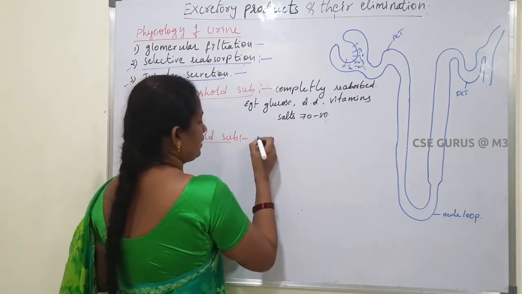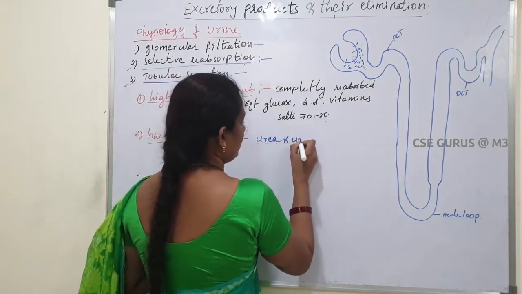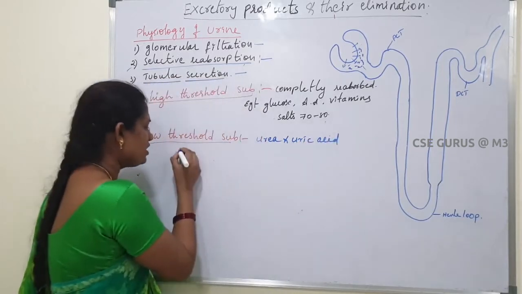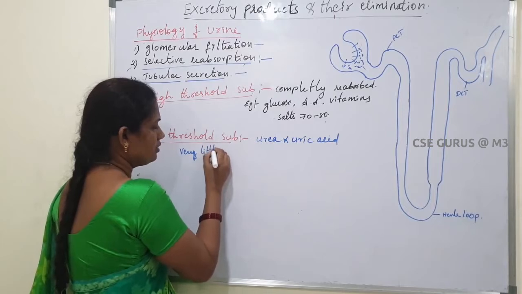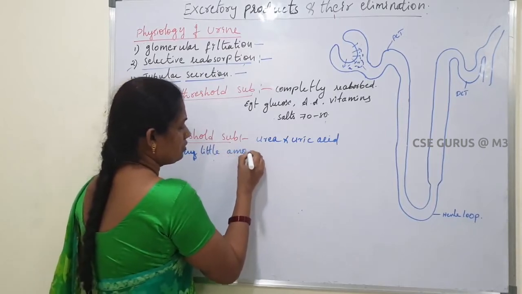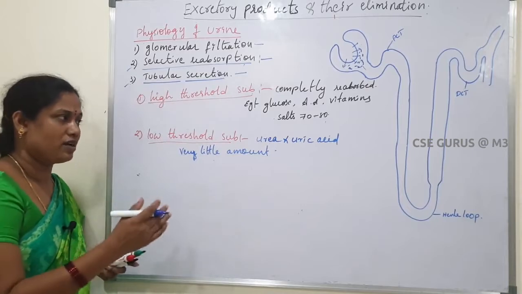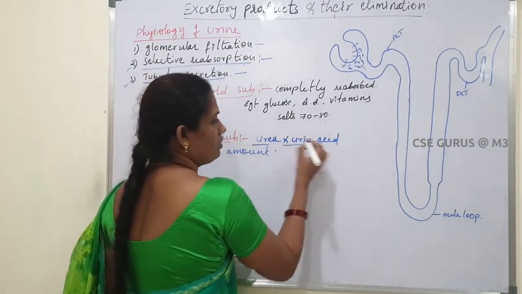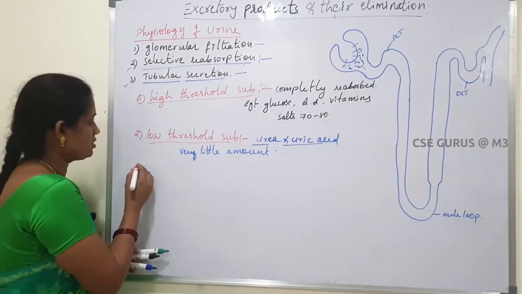For example, urea and uric acid. Very little amount of urea and uric acid is reabsorbed. These are called low threshold substances.